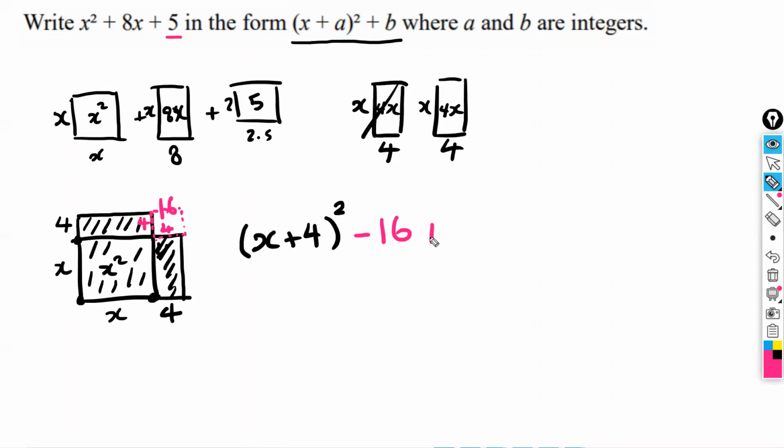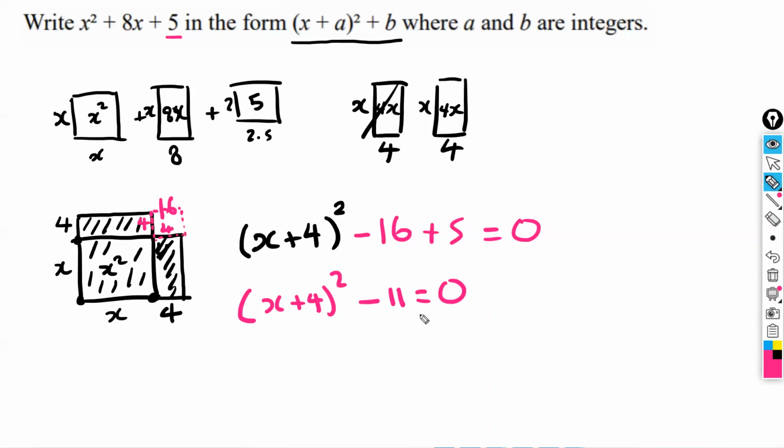So it's going to be minus 16 plus 5, which is minus 11. So what we're going to end up with, if we simplify this, is (x plus 4) squared minus 11. And we've given our answer in the form that the question has asked for.